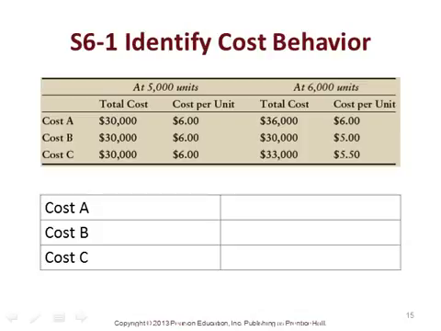And then finally we have cost C, where at 5,000 units we go from $30,000 at a cost of $6 per unit to $33,000 at a cost per unit of $5.50. So would you say that of those three, A, B, and C, which one is variable, which one is fixed, and which one is mixed?